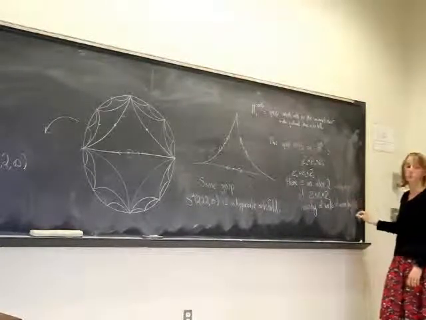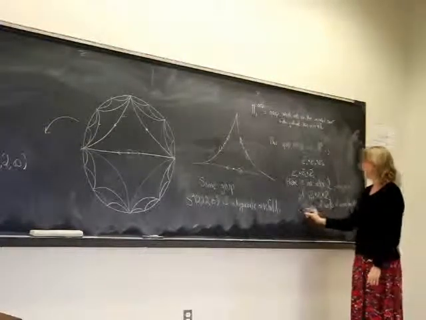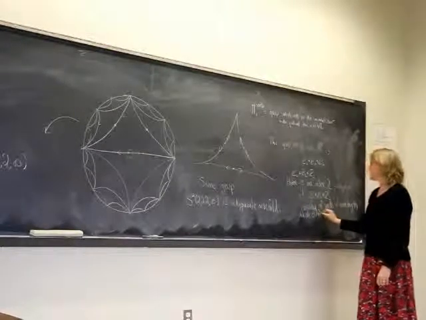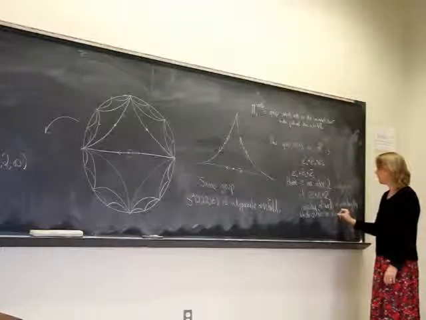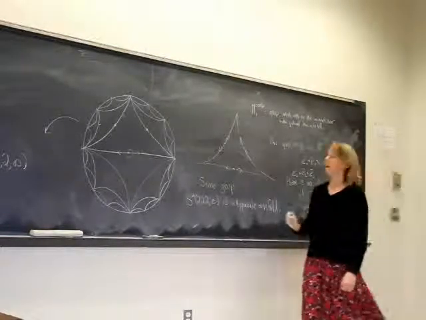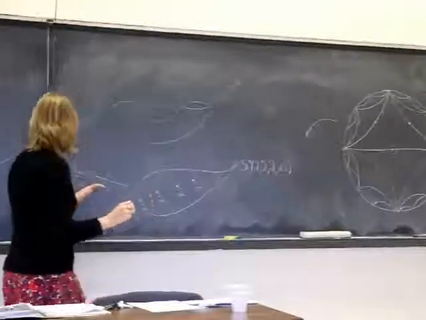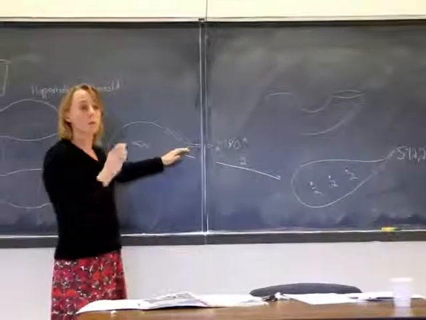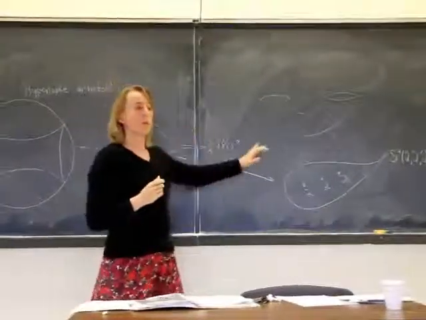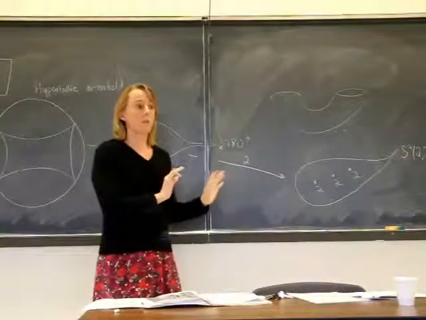That's how you know it's index 2. And what is it? It's free on 2 generators. This should be making you happy because you've got a free group on 2 generators sitting as a subgroup of this orbifold group. And that corresponds to this cover of the orbifold. This is kind of hand waving over what an orbifold cover is here. That was the hardest thing I'm going to talk about.